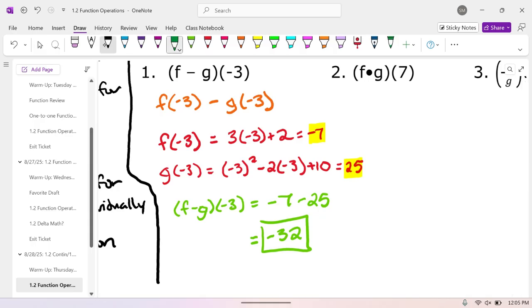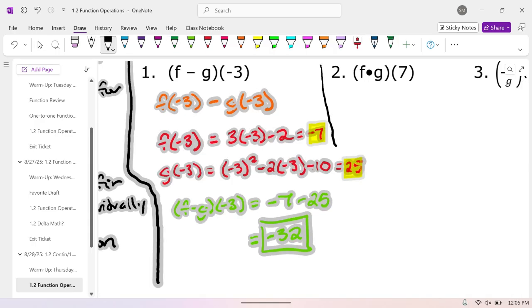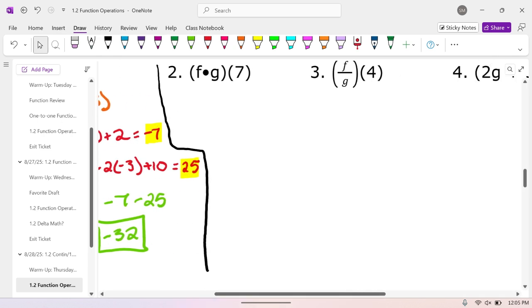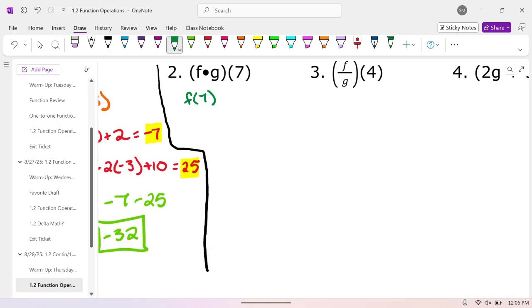All right, let's look at number 2. Very similar process. All right. So now we have F times G of 7. So it's the same thing as F of 7 times G of 7. So we're going to do just like what we did before.